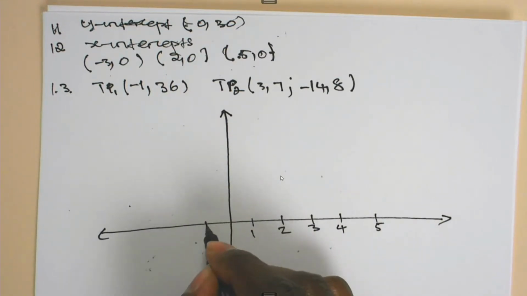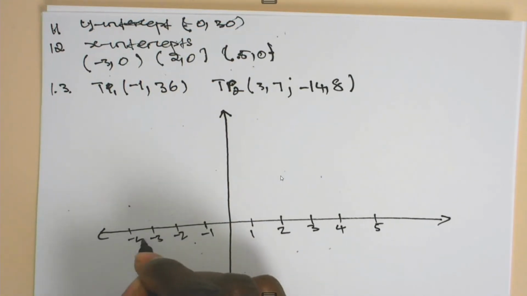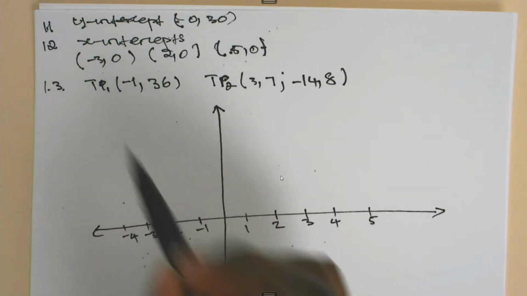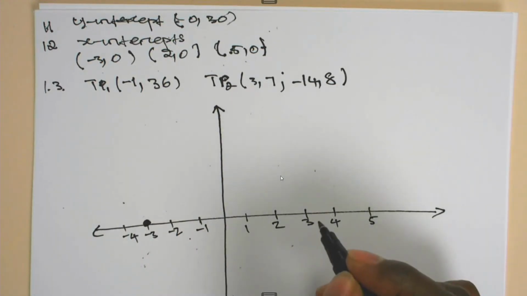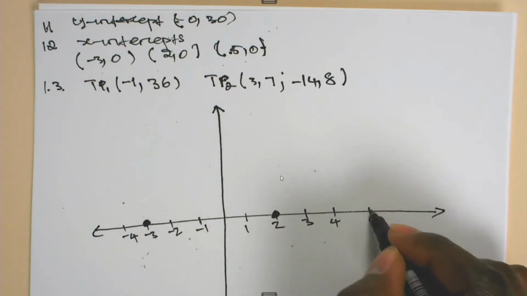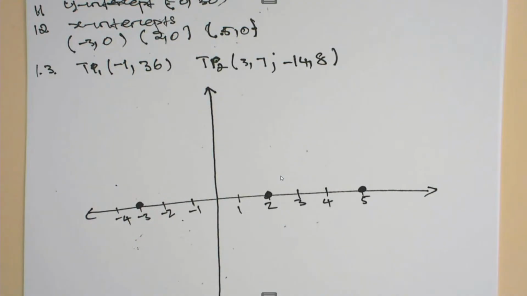Then we have -1, -2, -3, -4. Let us start first with the x-intercepts. We have -3. We have 2. And we have 5. Now these are the x-intercepts.